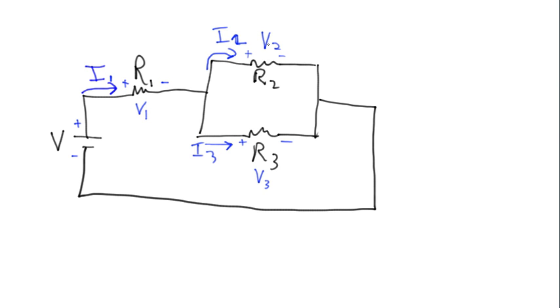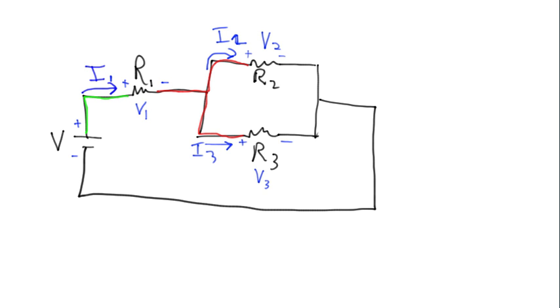The first thing you should notice is that V2 and V3 are the same, because the circuit only has 3 conductors. A red one, a green one, and a black one.